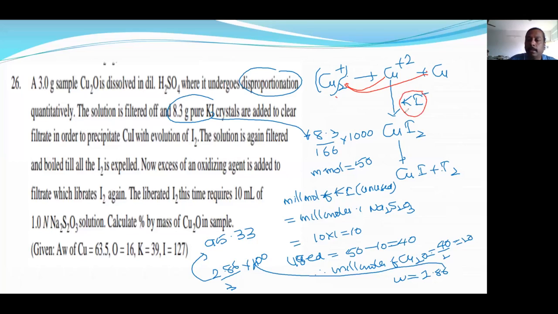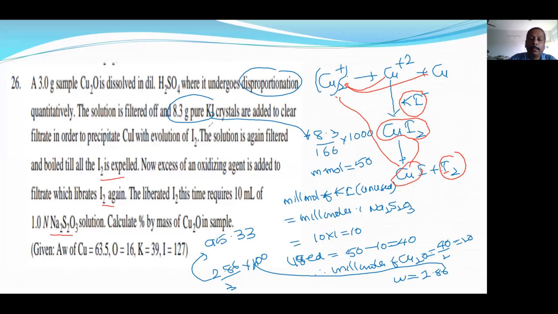It converts to CuI2, and then it reduces back to the original state, CuI plus iodine. Now this iodine I2 is expelled and is measured with Na2S2O3. This is the paragraph given in the question, and that is already explained.